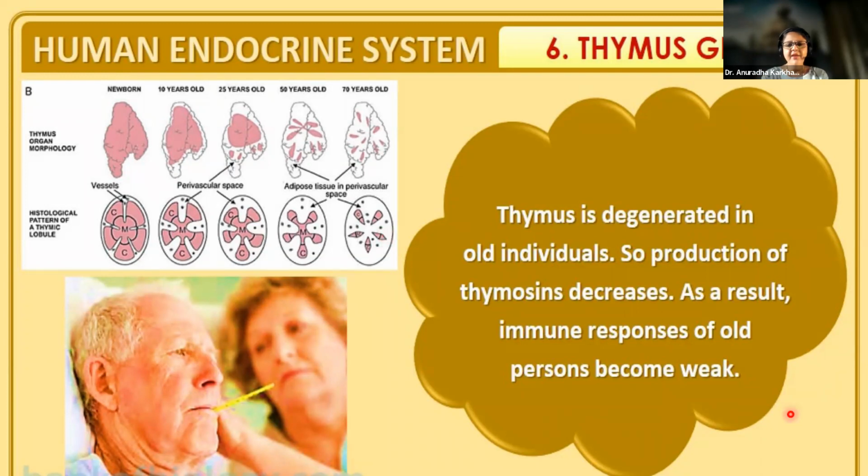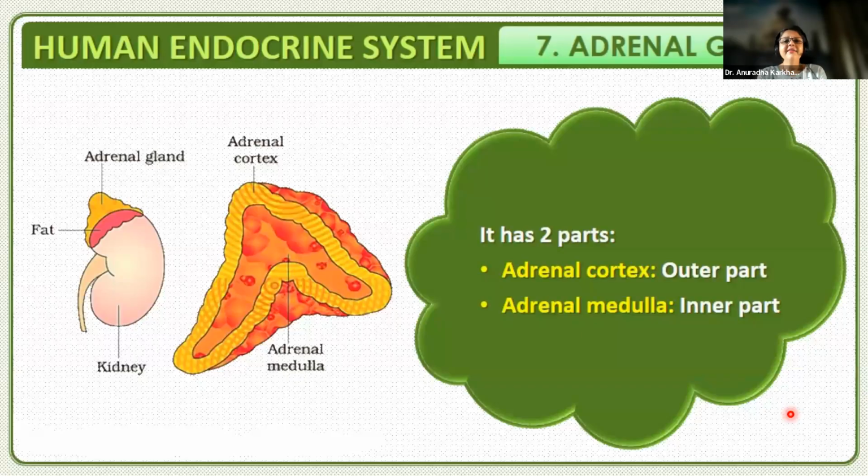Okay. Next, the 7th gland is the adrenal gland. Now this will become easy for you all to understand because we have done the kidney in the digestion chapter and the excretion chapter. See, the adrenal gland has 2 parts. This is the adrenal gland, like a cap over the kidney.